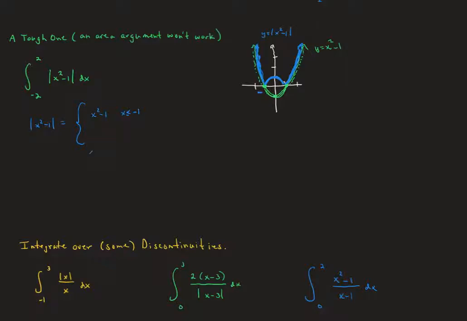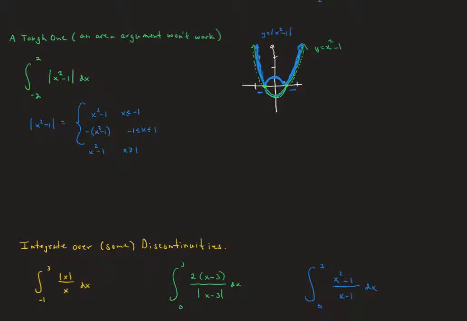And it's also going to look just like x squared minus 1 when x is greater than or equal to 1 for this part over here. On the middle part, in between -1 and 1, that's where the curve is negative. The original x squared minus 1 gives us negative values, so the absolute value will multiply that by -1.